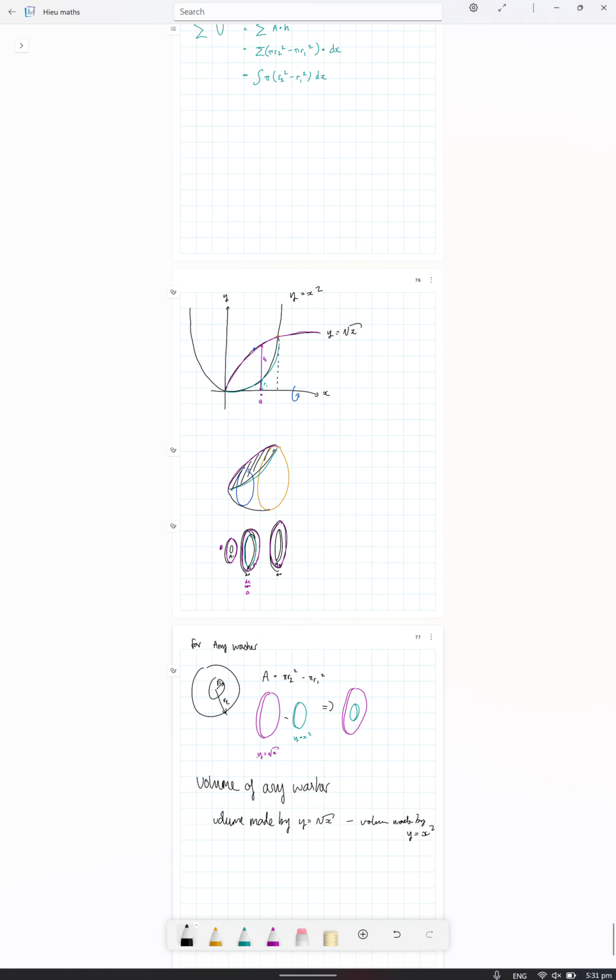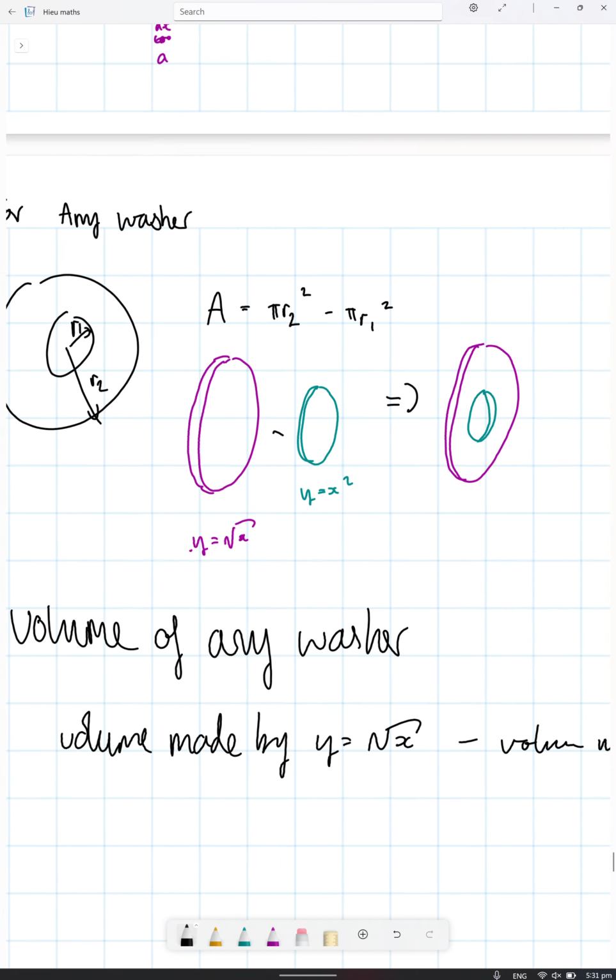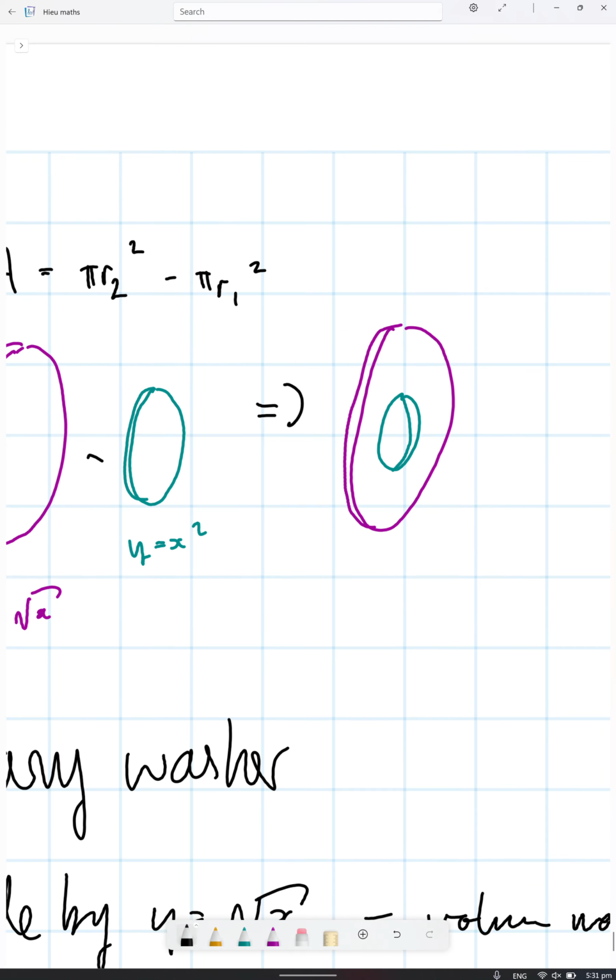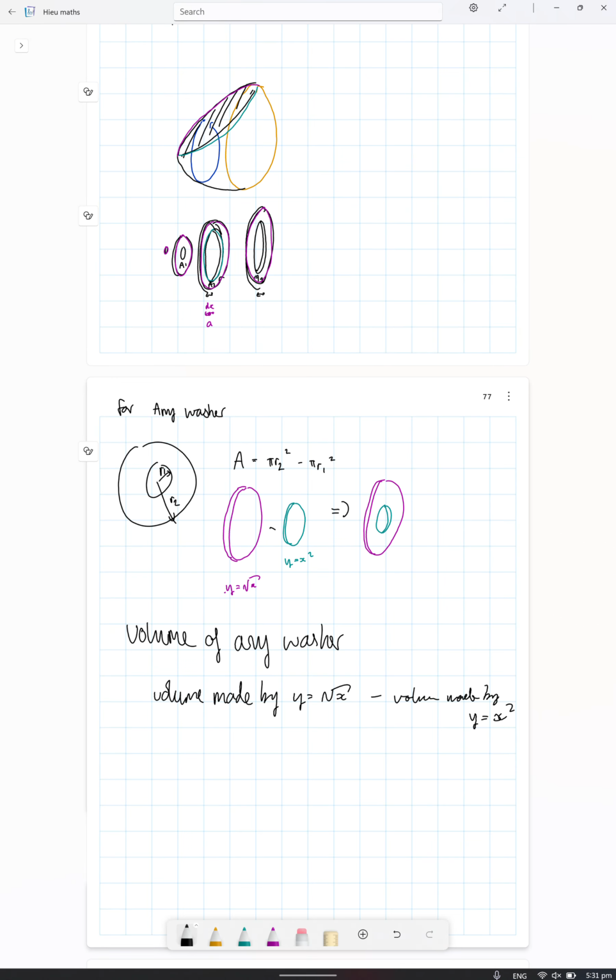Okay, does that make sense? We're just taking the larger circle minus the inner circle, which gives us this. And we just repeat it a lot.